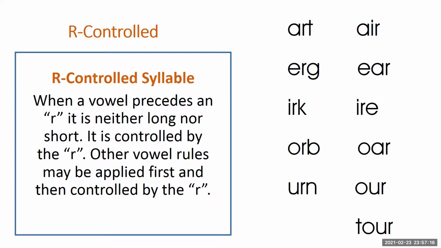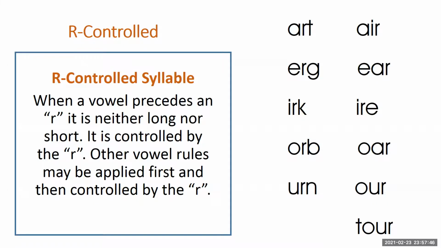They are controlled by the R. On the next row of examples, though, we have an A, I and an R. So instead of saying an R there, we have to use the two vowels go walking rule. So AI turns into A, air. Same with the next rule. We see two vowels together. So the second one is silent, the first one is heard.